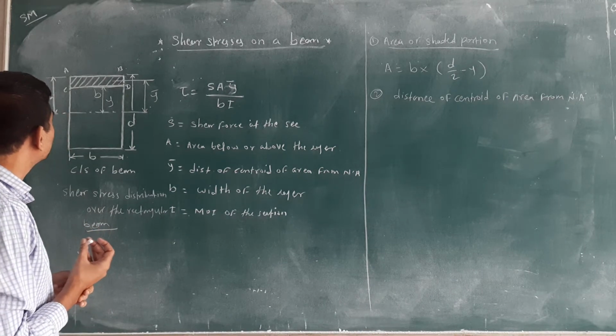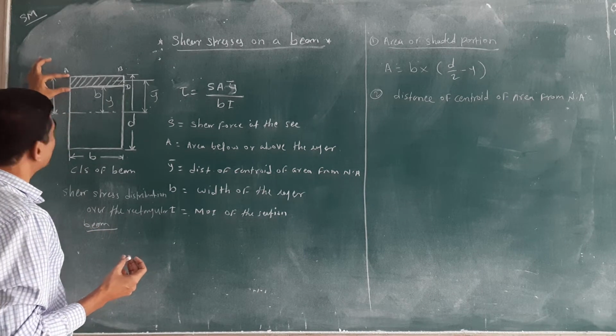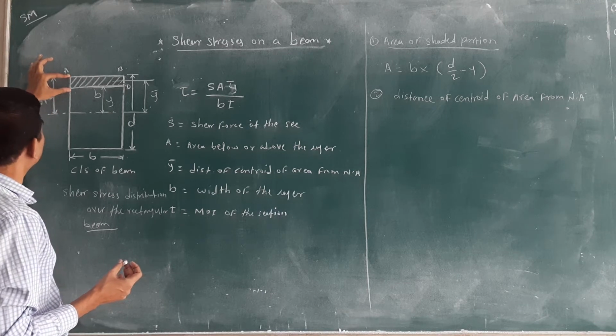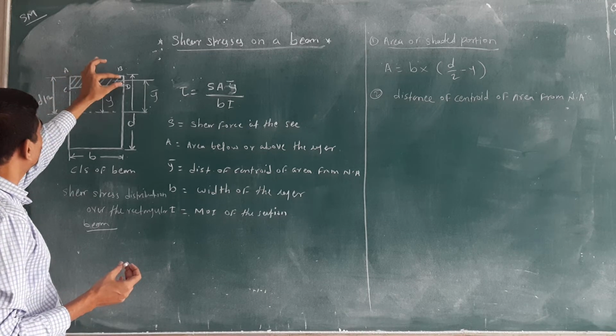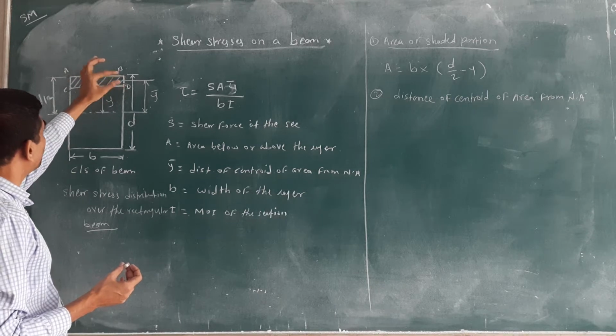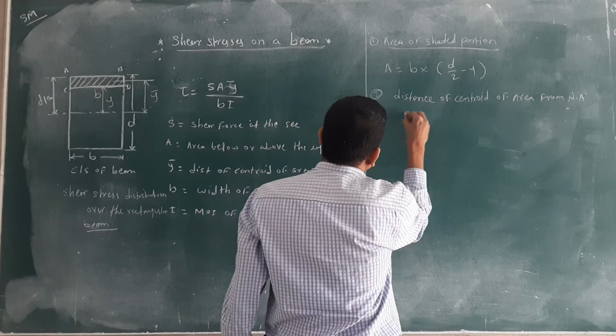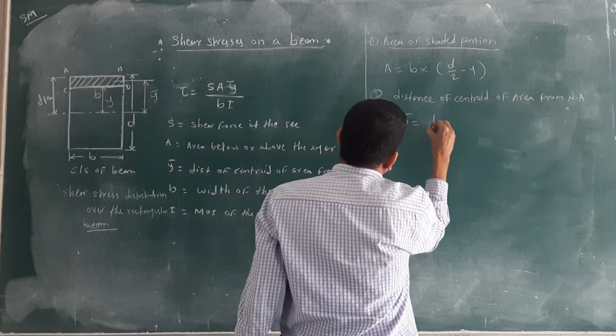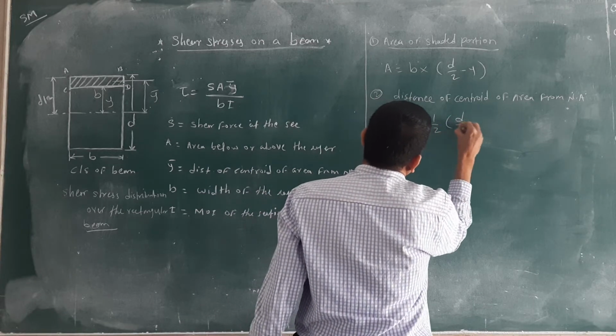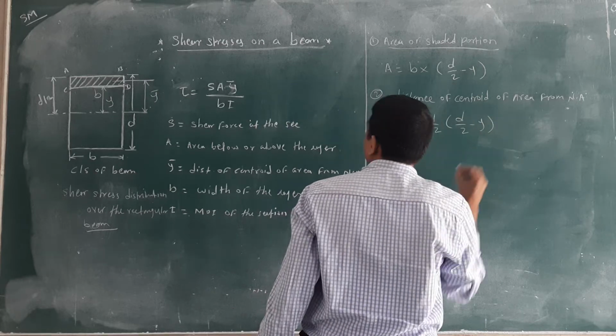And how to calculate this? We know this distance. We have calculated already. D by 2 minus y. Means we want to take the half of that. Okay. Then I will write y bar is equal to 1 by 2 into D by 2 minus y.